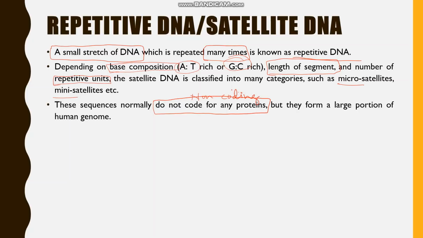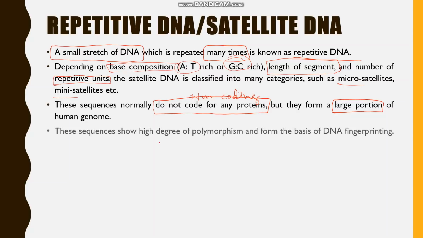In that we came to know that the entire DNA molecule does not code for protein. Less than 2% of the total human genome codes for protein. So the major portion of the human genome is composed of this repetitive DNA.